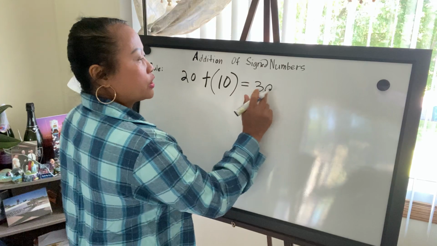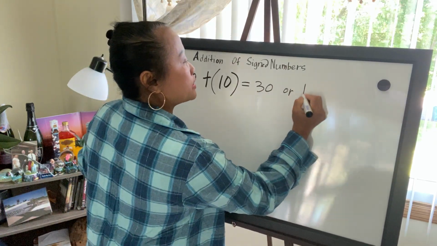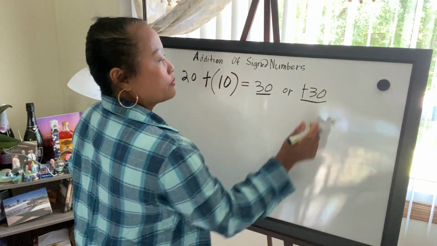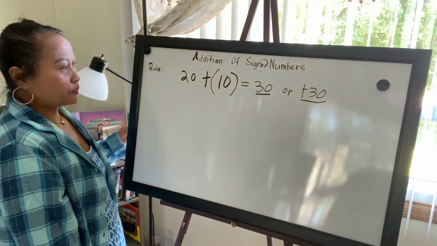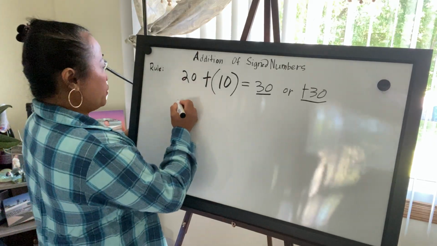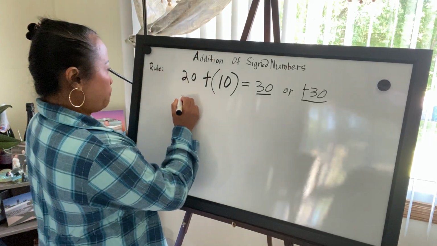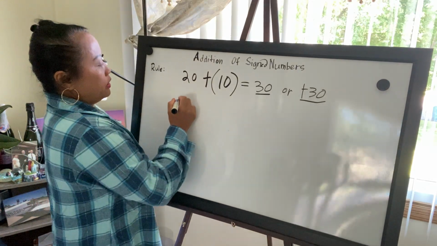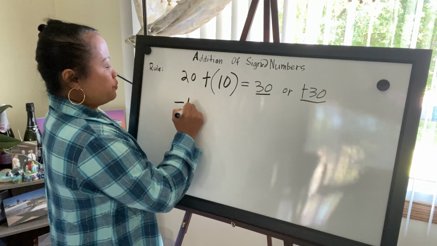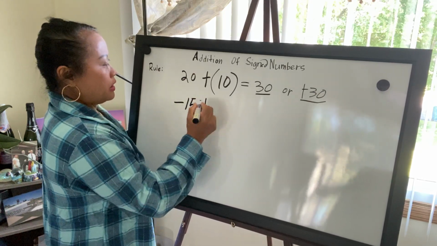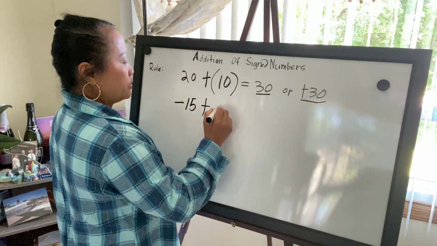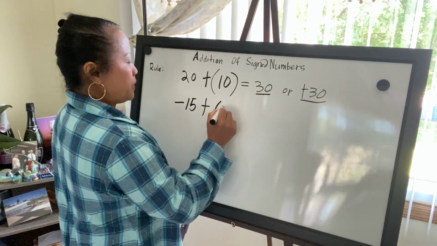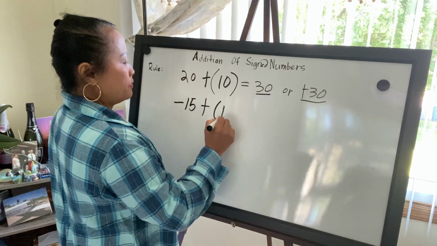So, positive 30, or if you write 30, that is the same. Okay? Another example. Let's say, negative 15 plus positive 12.